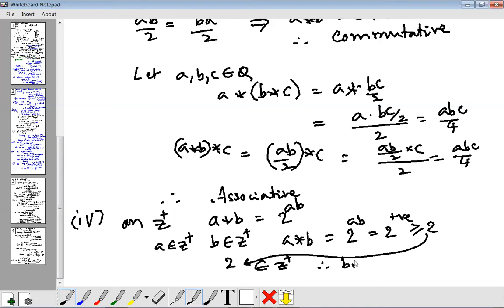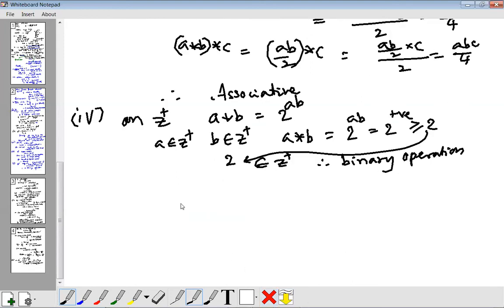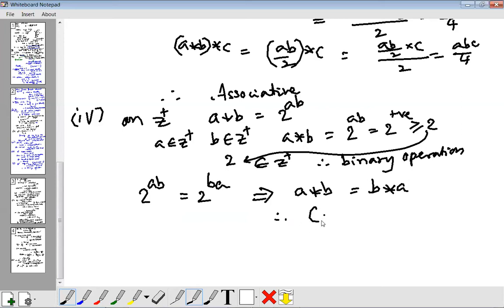Therefore, binary operation. Then we are trying commutative or not. 2 to the power of AB is equal to 2 to the power of BA. That implies that A star B equals B star A. Therefore, it's commutative.